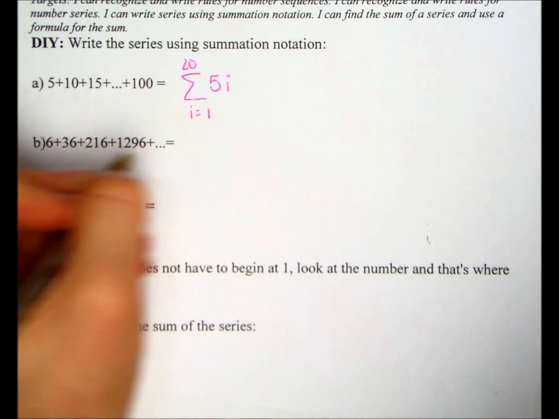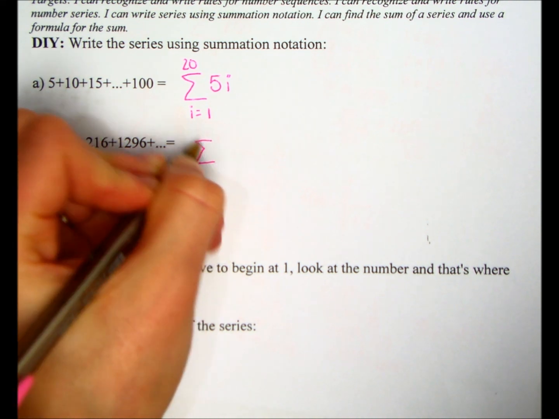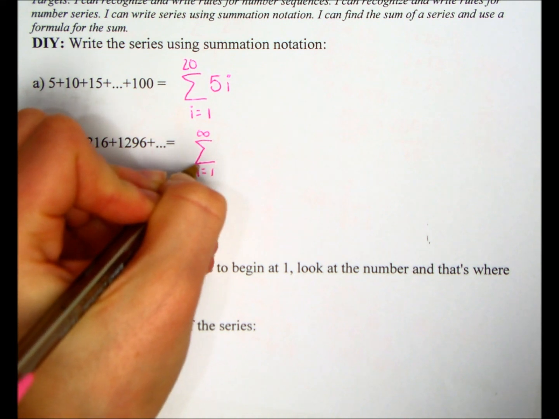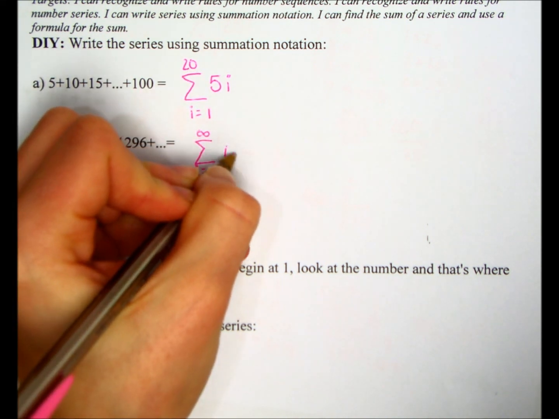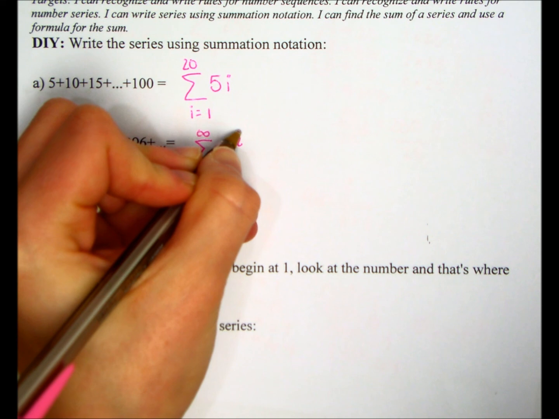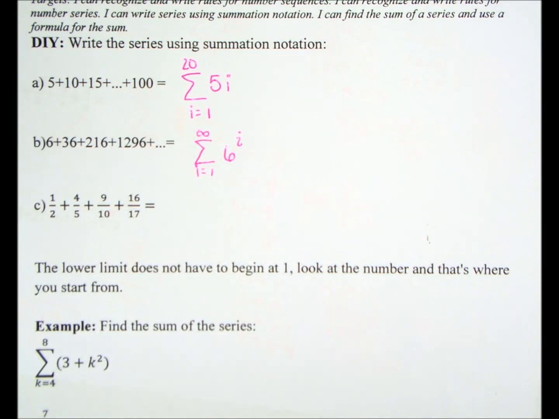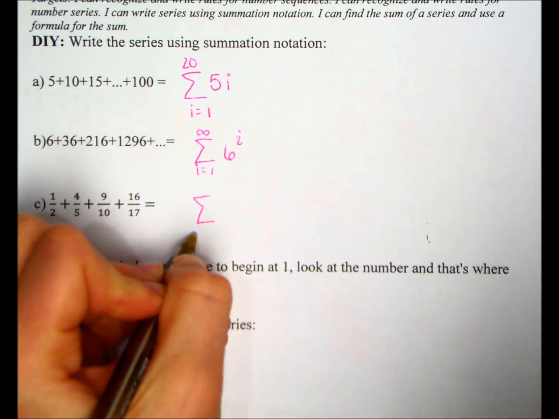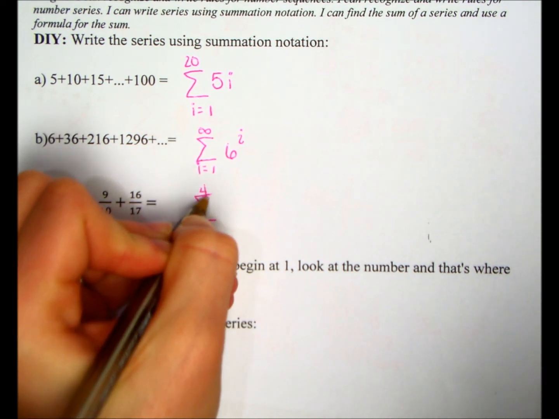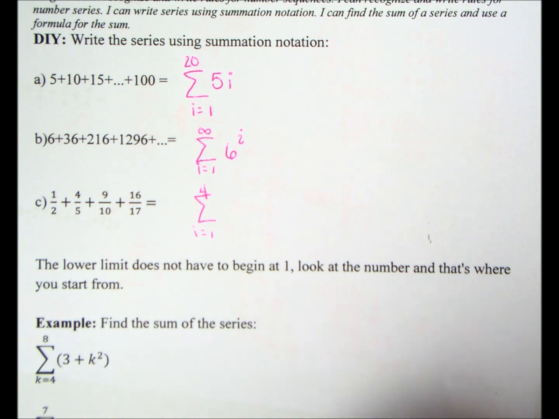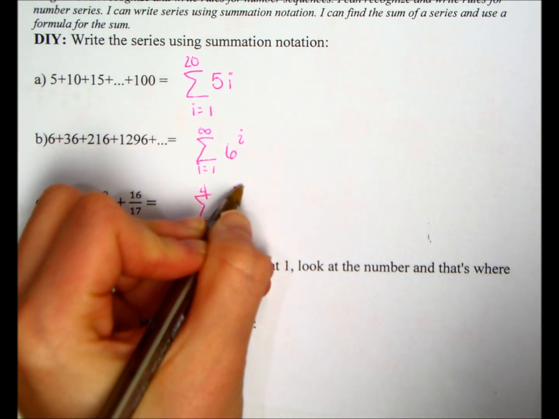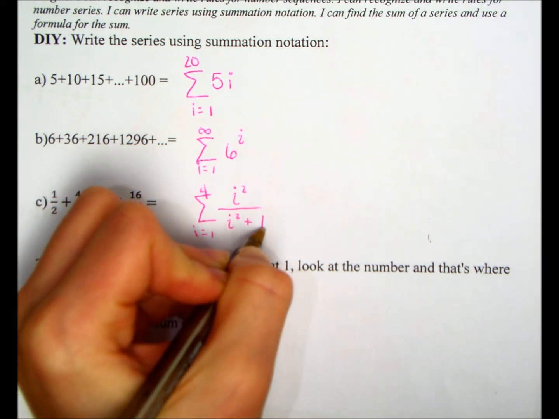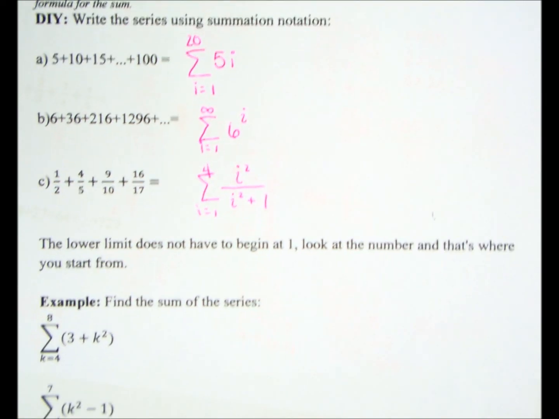This one, a little bit trickier. It is an infinite series, so we got that infinity sign up top. Oops, this is an I, not a 1. This is actually 6 to the I power, so a little tricky for you guys. And then this last one, we end with the 4th term, we start with the 1st term, and then for the fraction, we have a different rule for the numerator and the denominator.